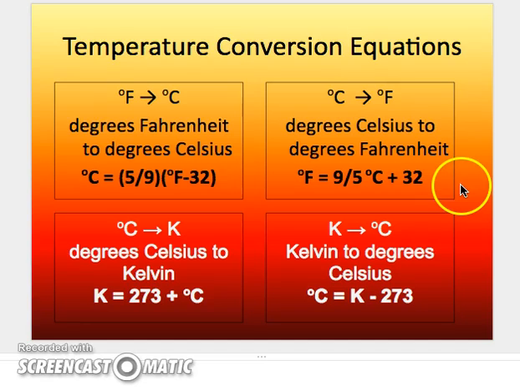Then we would convert Celsius to Fahrenheit using this equation right here. That's how we would go about doing that. It would be a two-step process. Also, it would be two steps if we wanted to go from Fahrenheit to Kelvin. We would first go from Fahrenheit to Celsius and then Celsius to Kelvin.